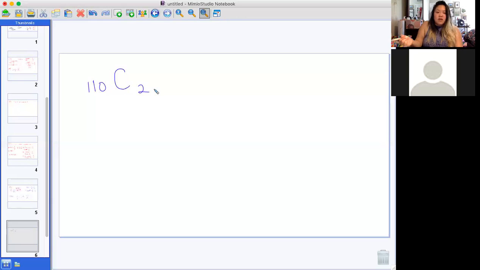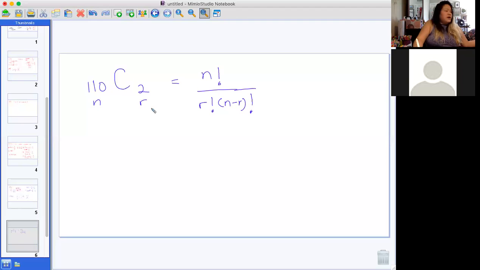So if you use the formula from the 11.1 notes, this is the formula: N factorial over R factorial times N minus R factorial, and this is N and this is R, NCR. So this is how you would use this formula.